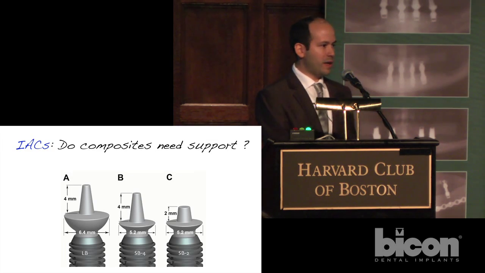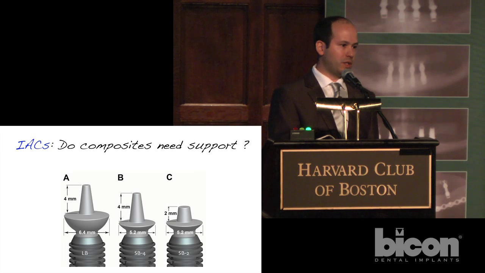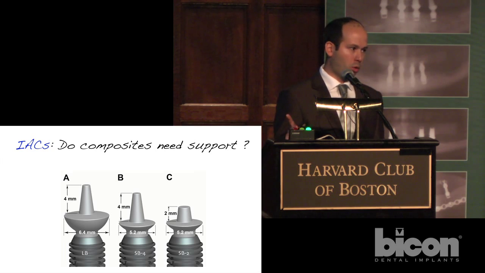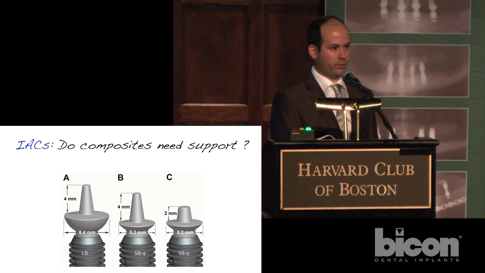But now, one thing that we have always questioned, because sometimes we have to acknowledge that there's just a huge chunk of composite on the abutments. And if we bring the knowledge from porcelain, that would never be feasible, never be applicable for any porcelain-based restoration. So the question is, do composites need support, or how much support do they need?